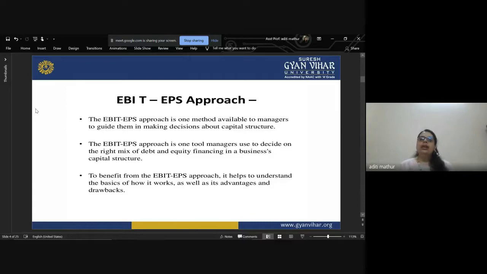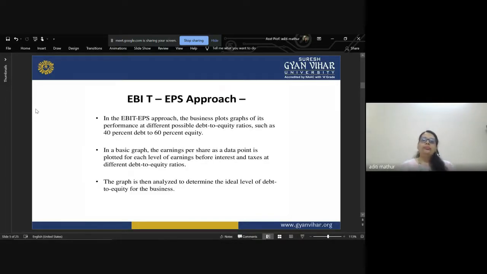We have understood why we need a sound debt to equity ratio, but how to achieve it? This is a very commonly used and easy method. Its benefits help us understand the basics of how it works, as well as its advantages and drawbacks.